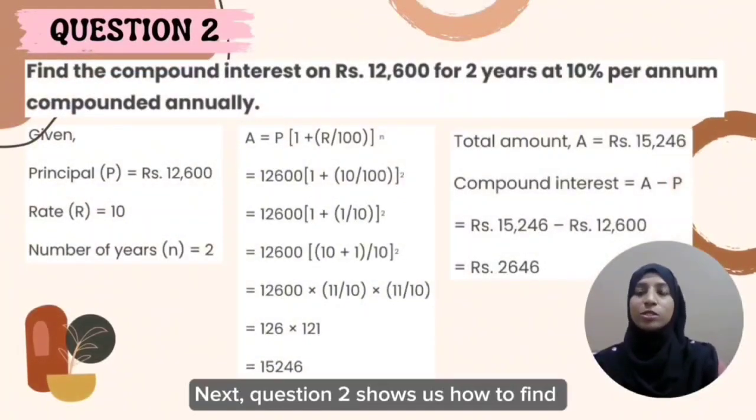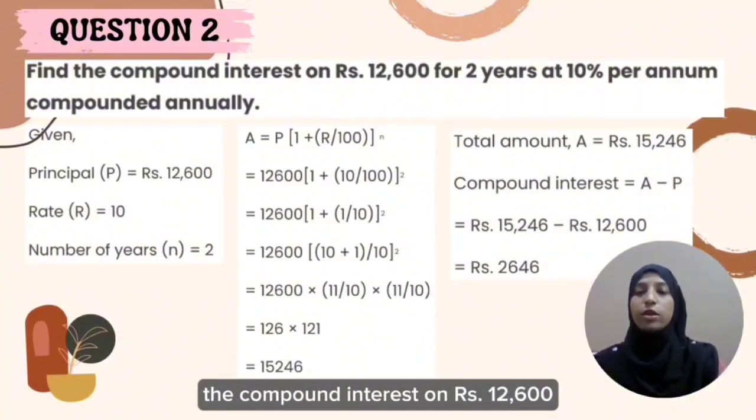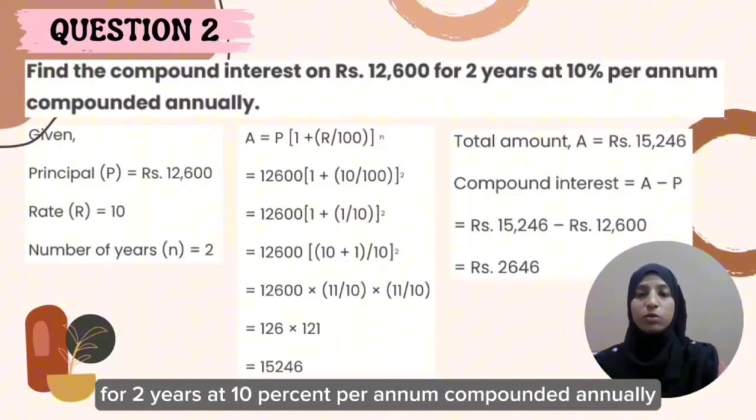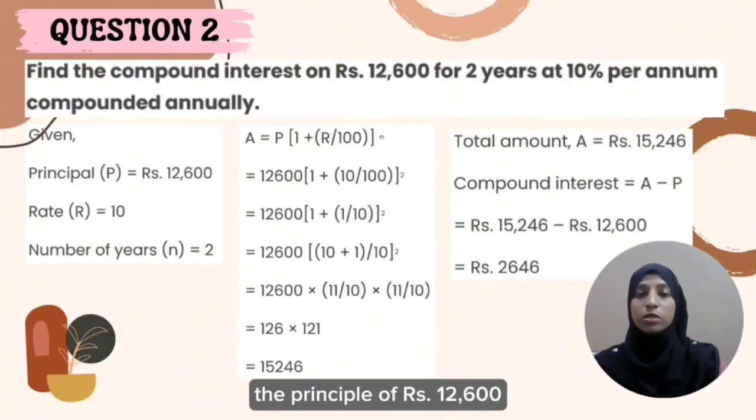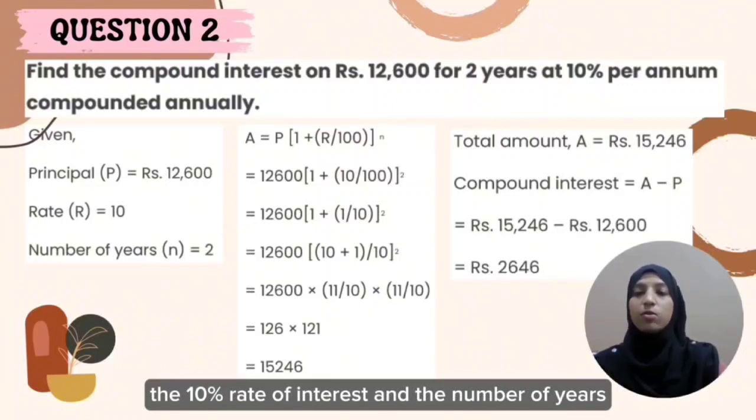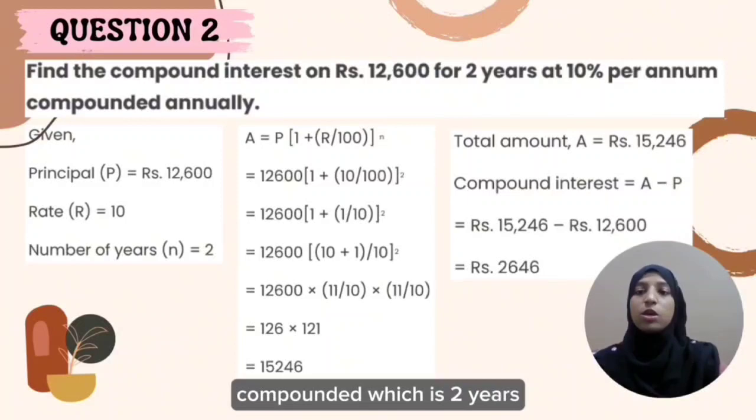Next, the question shows us how to find the compound interest on 12,600 rupees for 2 years at 10% per annum compounded annually. From the question, we are given the principal of 12,600 rupees, the rate of 10%, and the number of years, 2.